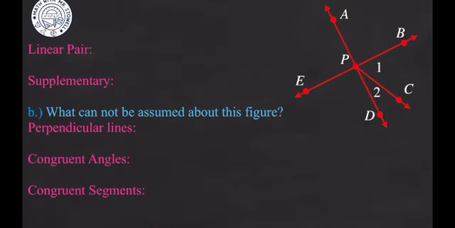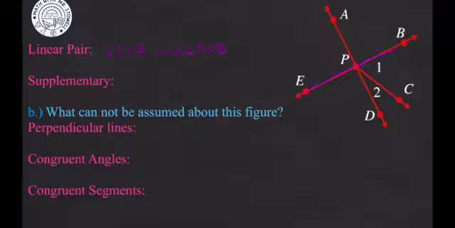Linear pairs. We can assume linear pairs because if we have a straight line, we know that two angles, when they get together and they form a straight line, we know they're linear pairs. So, for example, we can assume that angle EPA and angle APB are linear pairs.